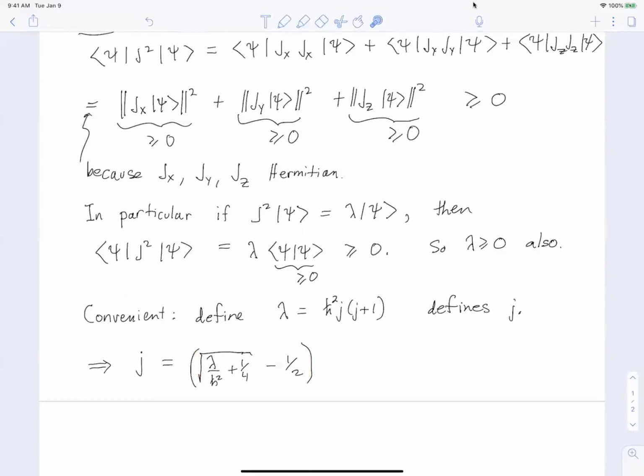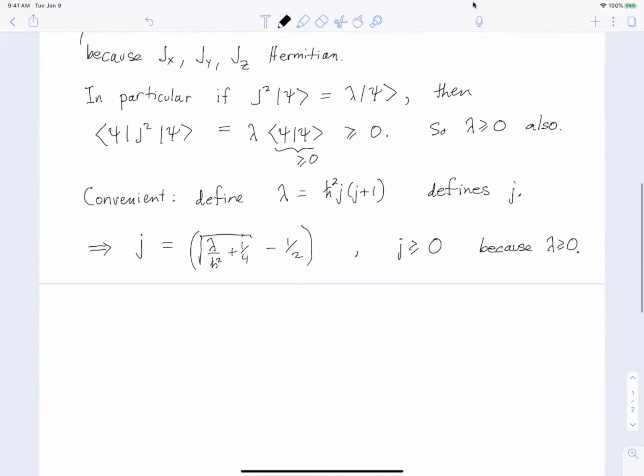So if lambda is positive, as we proved, then j is also, I shouldn't say positive, I should say non-negative. Then j is also non-negative. Okay, so that's because lambda, we proved, is non-negative.